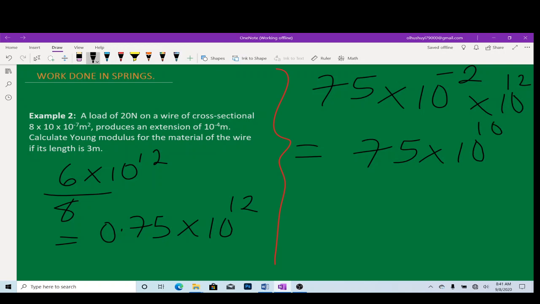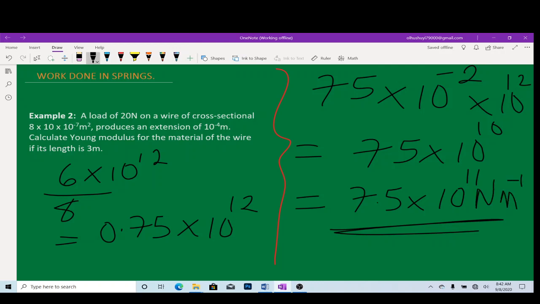Are you getting that? Yes. Or you just say 7.5 times 10 raised to the power 11. The unit is newton per meter squared, that's the unit for Young modulus. So it's as simple as that. We are done without a calculator.